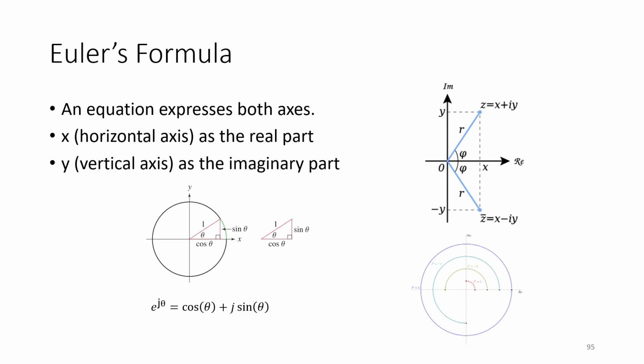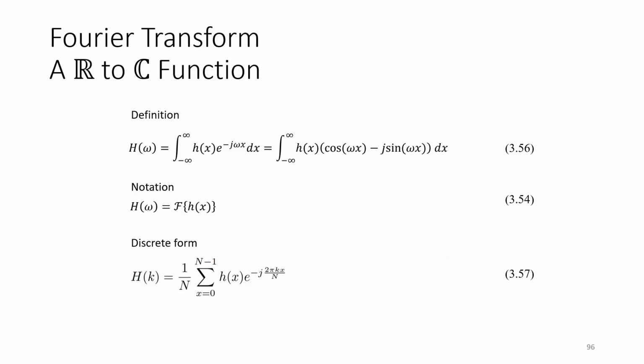So what is the Fourier transform? In fact, it is a function from the real domain to the complex domain, and its definition looks like this. h(x) is a real function, and we multiply it by the natural exponential e to the negative j omega x, then we get a complex result like this one.